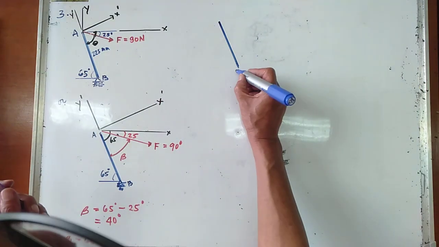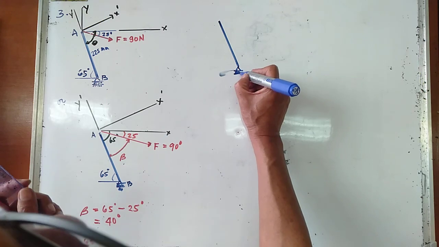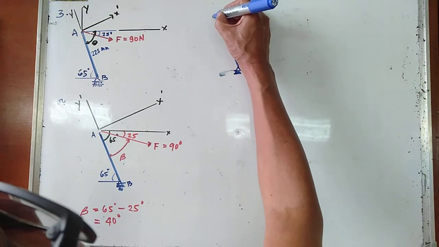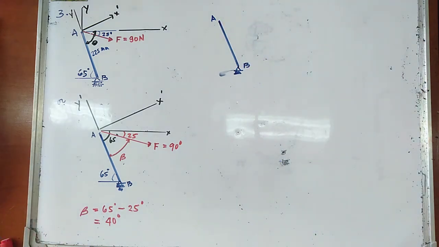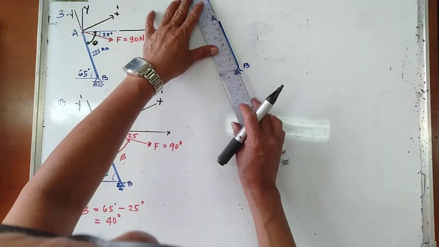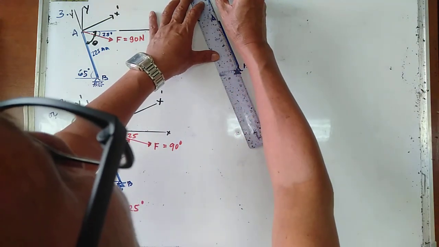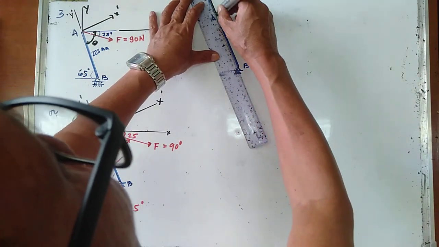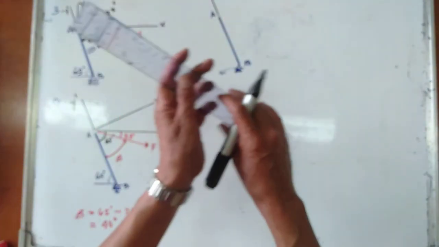So, this is now your point A. This is your point B. Now we have the axes. This one is parallel along the rod AB, and that is now your y prime axis.